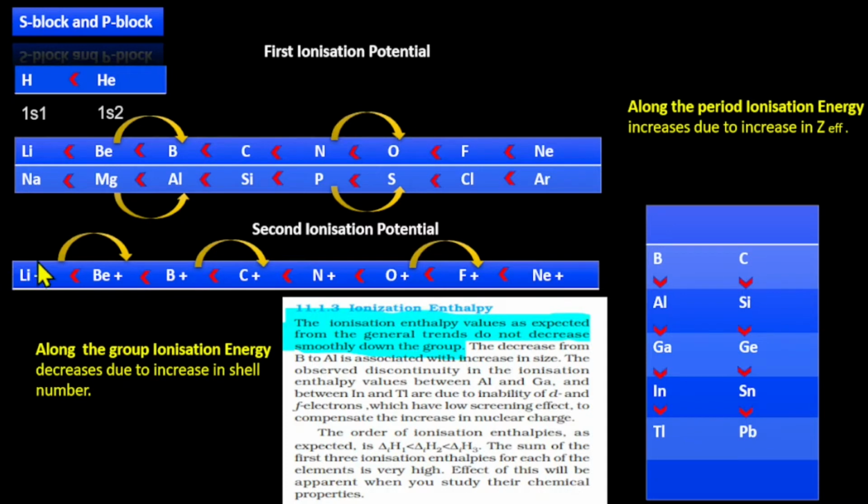Like lithium is now completely filled, so it will come ahead. Similarly, you can check all these, same concept. So in this manner we can tell the first and second ionization potential.